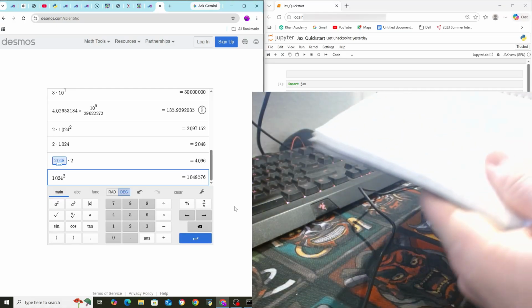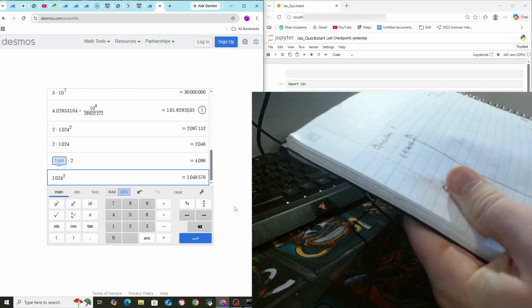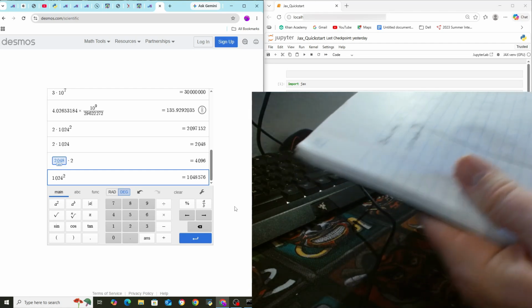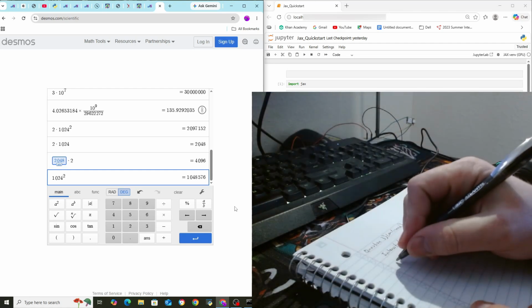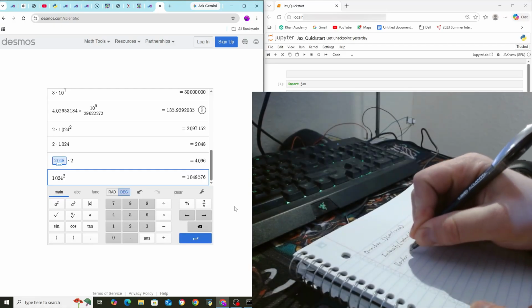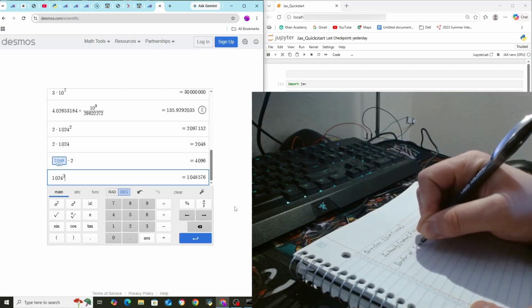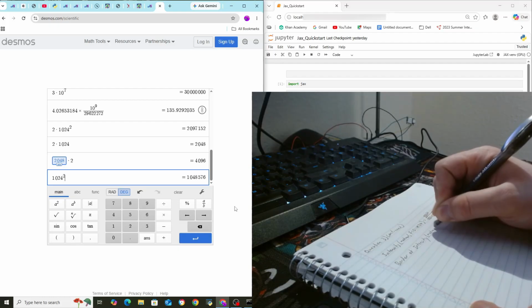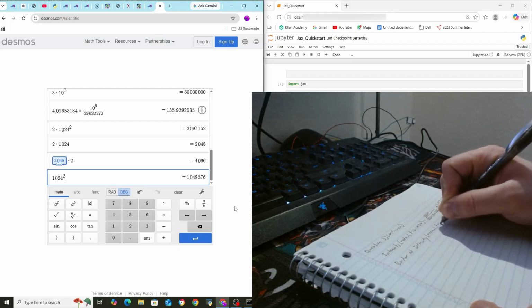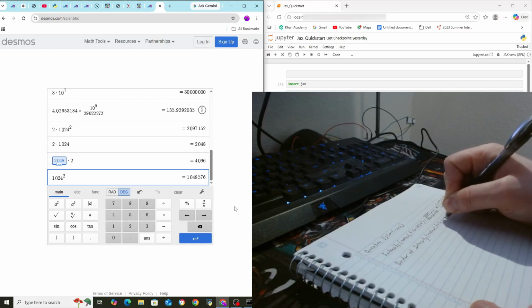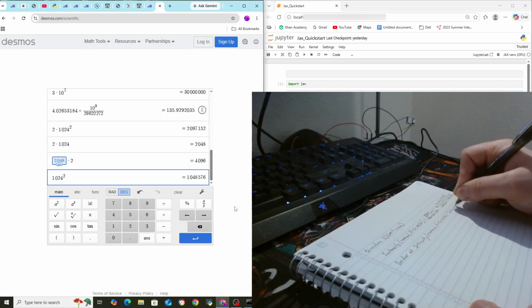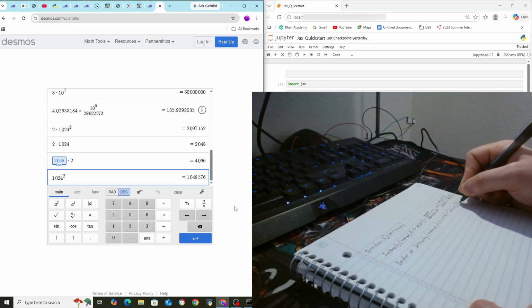Let me just copy the same thing. It's the same thing. Let's just write it down again. Arithmetic intensity of matrix multiplication, F equals D equals 1024, intensity of TPU.